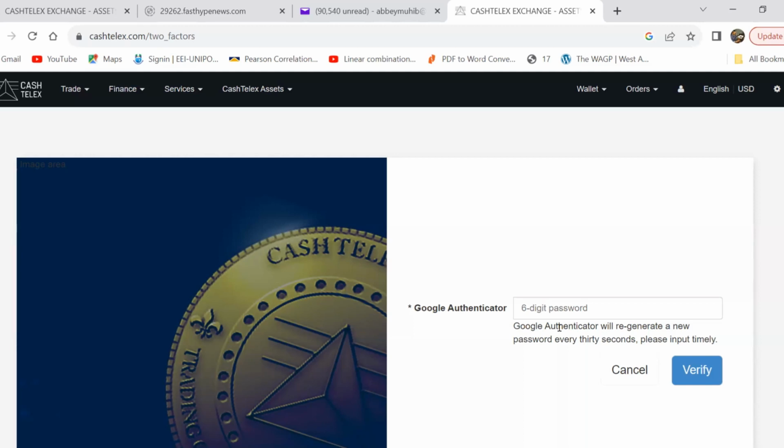So now I'm going to open the Google Authenticator app on my phone to generate the password.